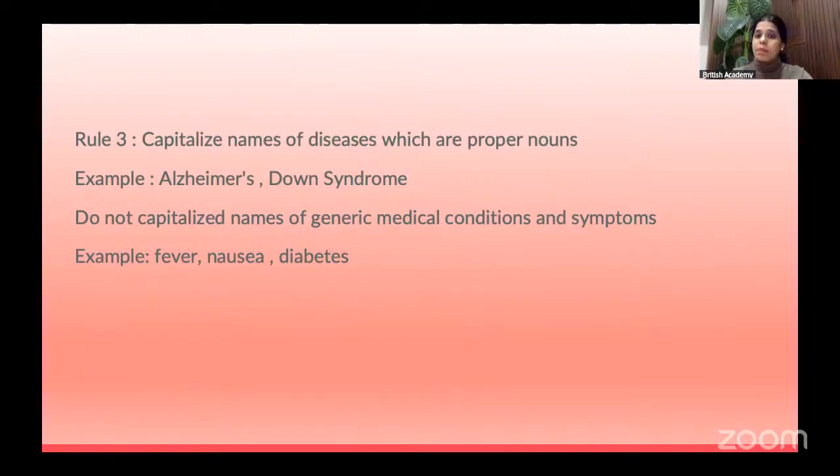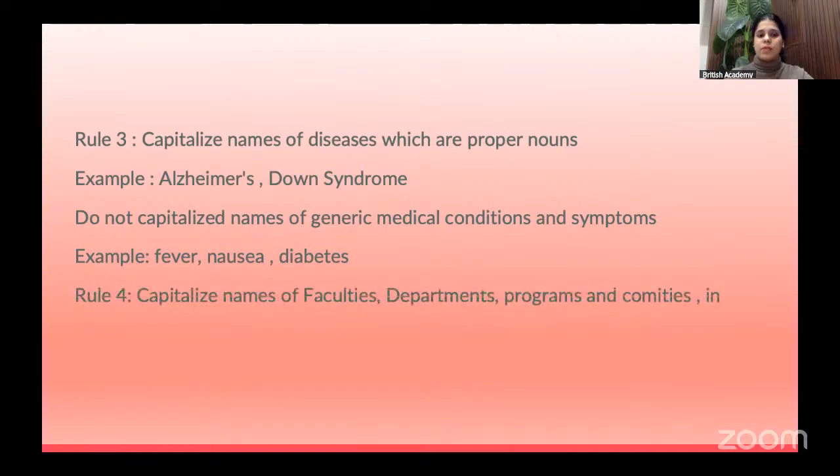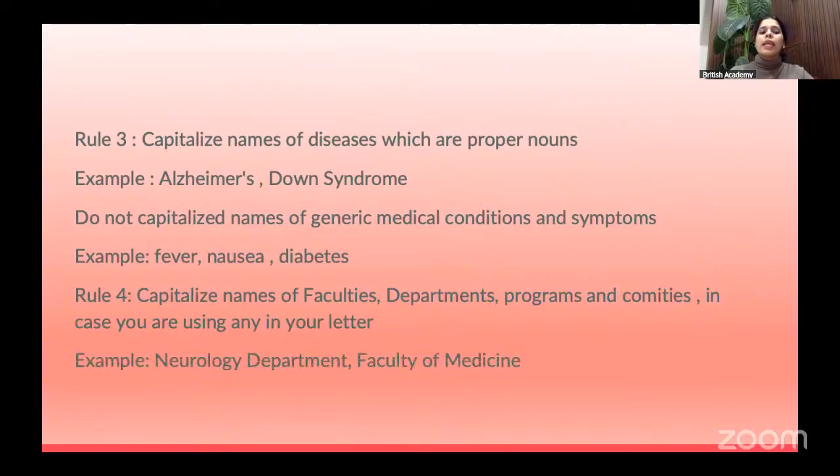So again, I'll repeat, please do not capitalize these. Know the difference between diseases and generic medical conditions and symptoms. If you're talking about any faculties, departments, or programs in your letters, then you can use capitals, like Neurology Department, Faculty of Medicine. This has to be capitalized.